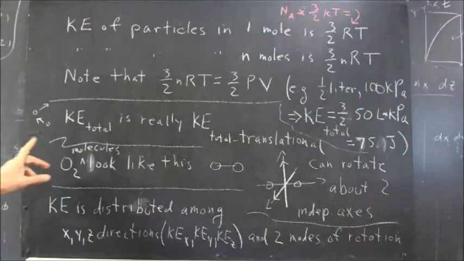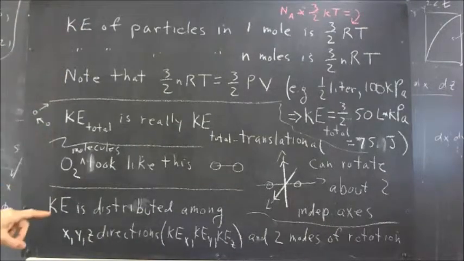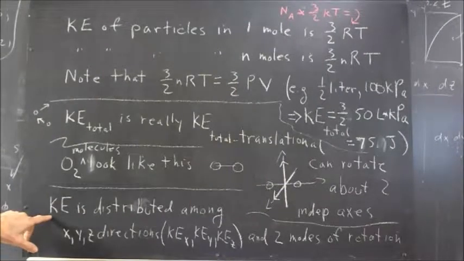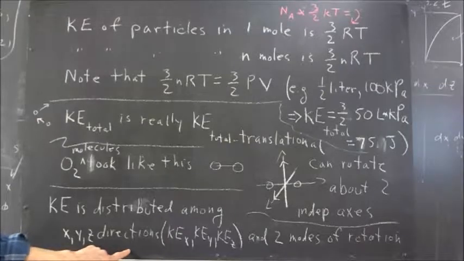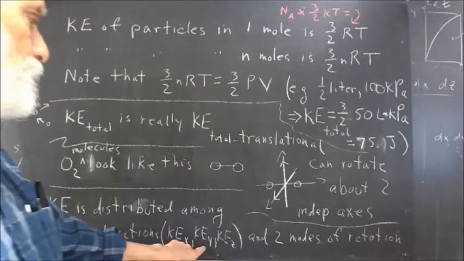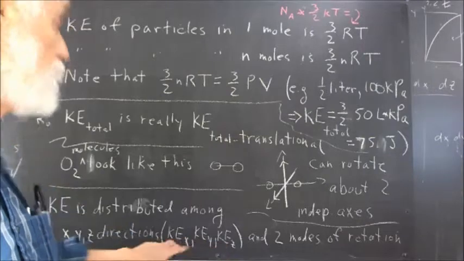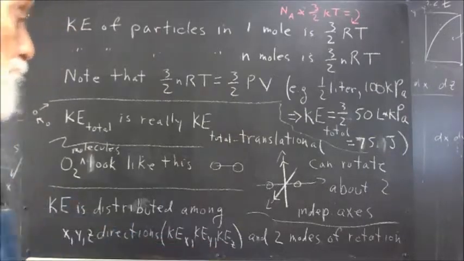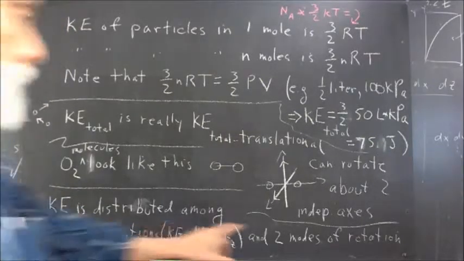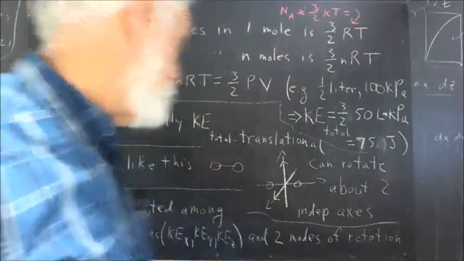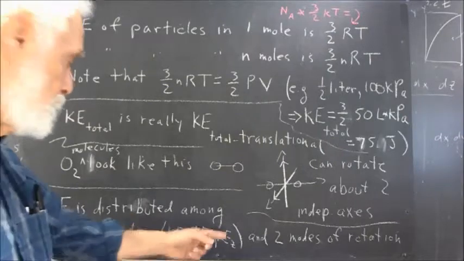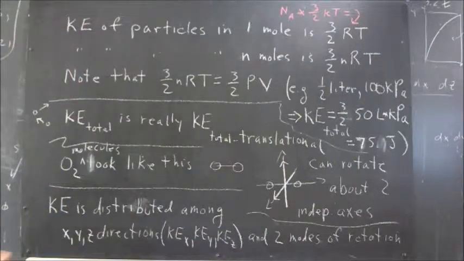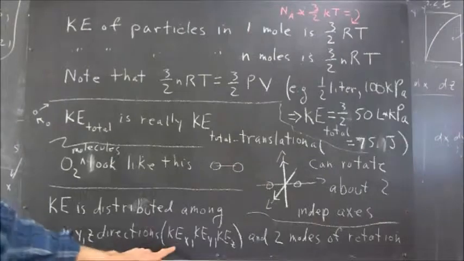Okay? Now, this means that in a diatomic gas, and air being very much diatomic, the kinetic energy is distributed among the x, y, and z directions in a manner that we've already seen, the x, y, and z kinetic energies being on the average equal to one another, but also among two modes of rotation. So instead of splitting the kinetic energy among just three directions, we're splitting it among five modes.